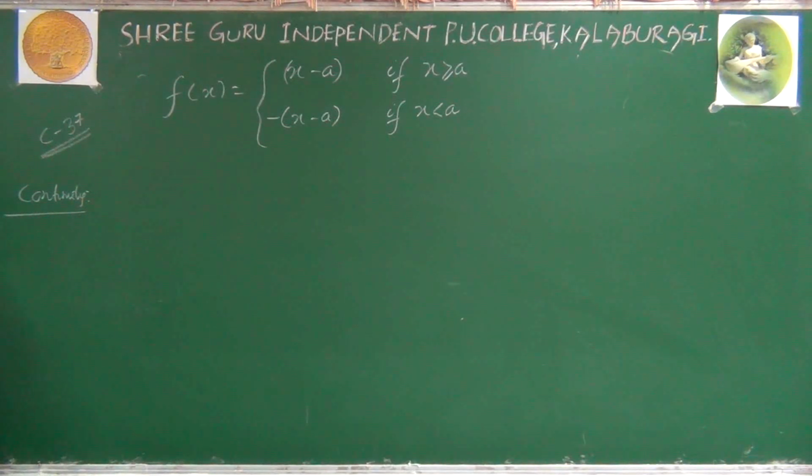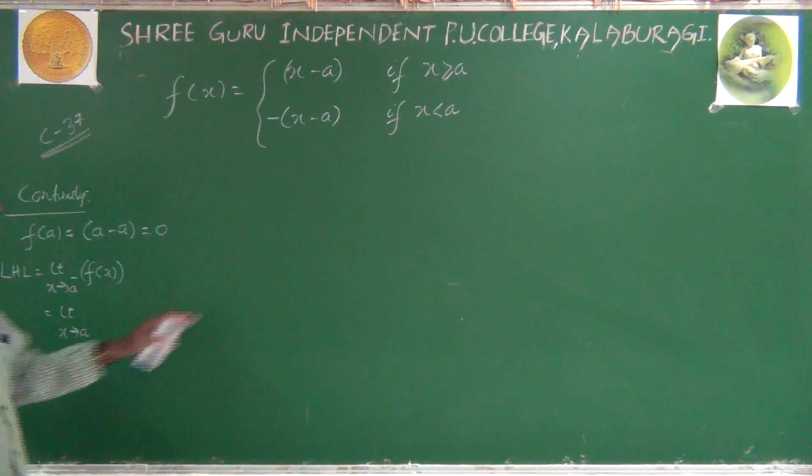In this problem, a means a. So now f of a equals a minus a, that is equal to 0. Left hand limit, LHL, limit x tending to a minus of f of x. What's the meaning of a minus?